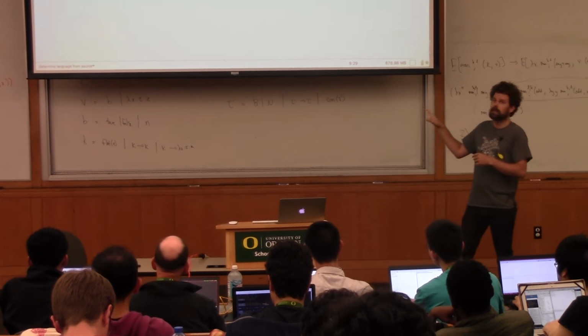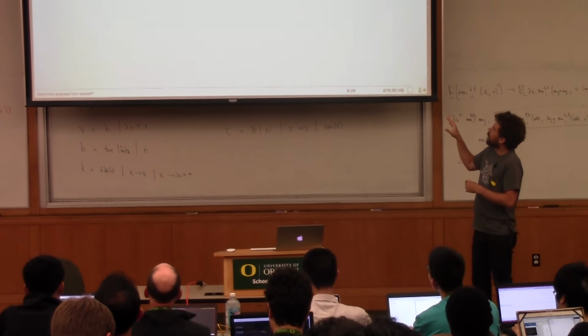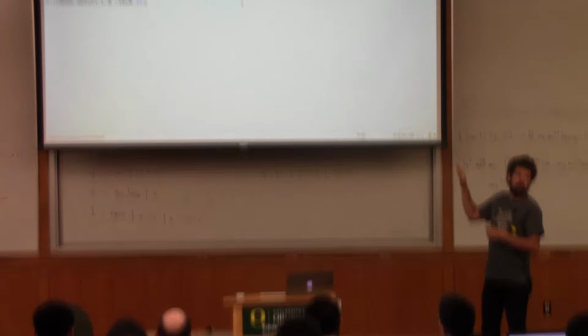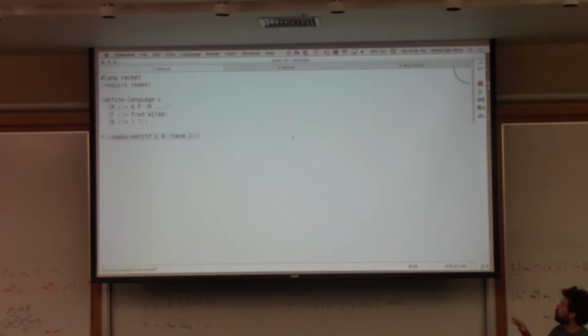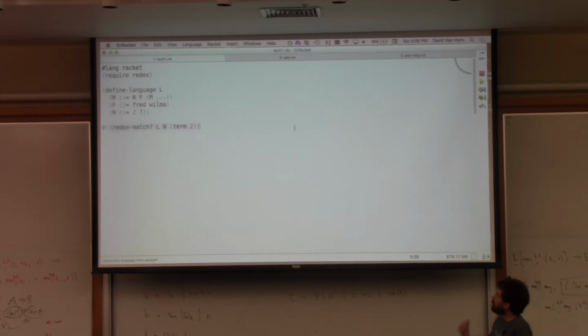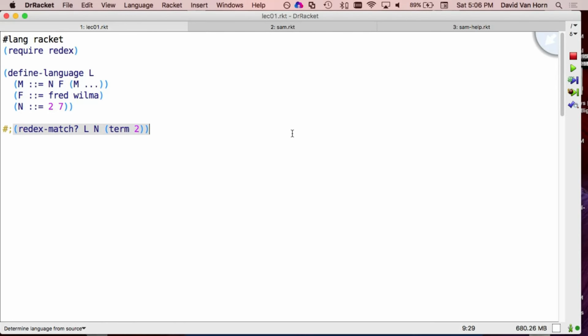So I'm in Racket, and I've required the Redex library, and that is giving me things like this define-language construct. So here I'm defining a set of terms. The set is called L, and actually I should back up.